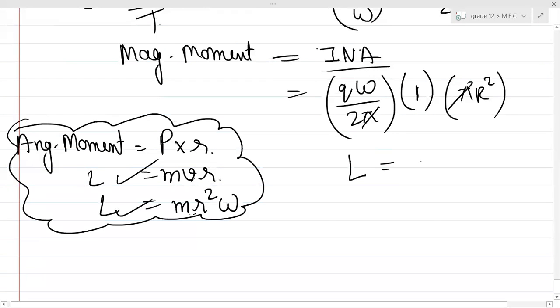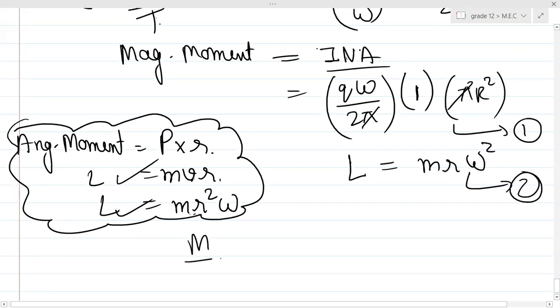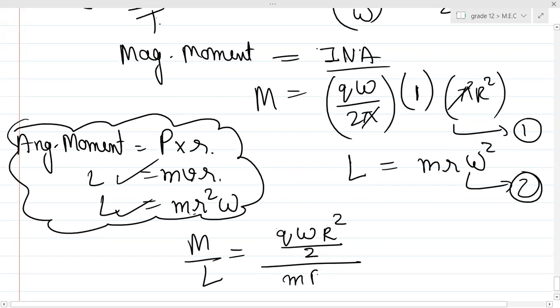So here in this case, angular momentum is m r square omega. This is your first equation, this is your second equation. Can you divide both of them? M by L will be equal to Q omega r square divided by 2, over m r square omega.